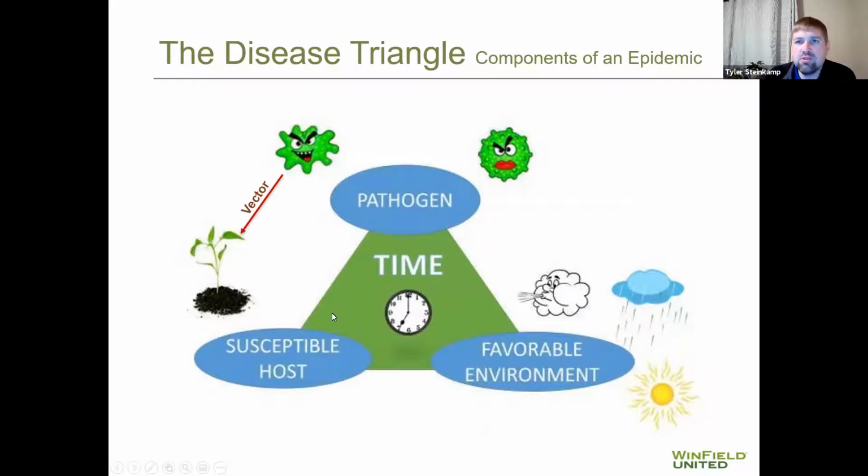If you have a soybean plant that's really aggressive and doesn't have any kind of disease package, no white mold protection, you have a very susceptible host. Then favorable environment for white mold: if we get any kind of cool, wet weather right around when the plant is flowering, that's when we're going to see a higher potential for disease.